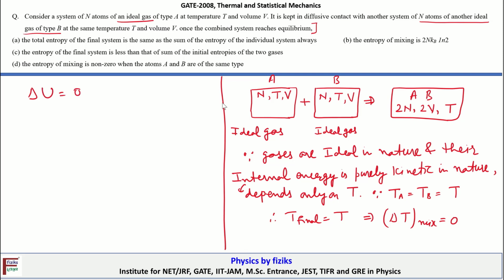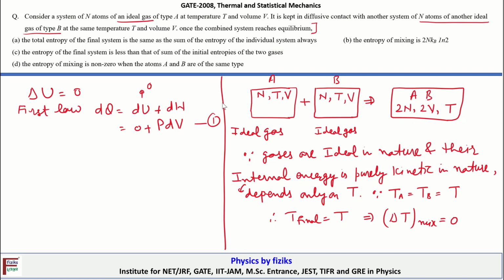By applying the first law, we notice that dq is equal to dU minus dw. dU here is 0, so that is equal to 0 minus p dV. Now dq is going to be plus dw. Let's call this equation 1.